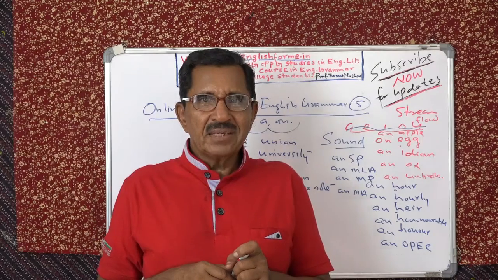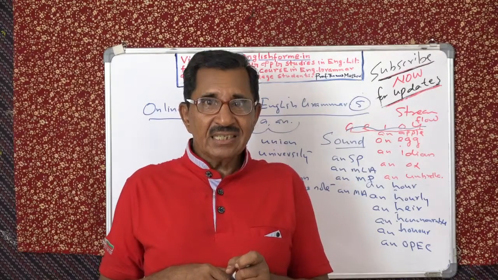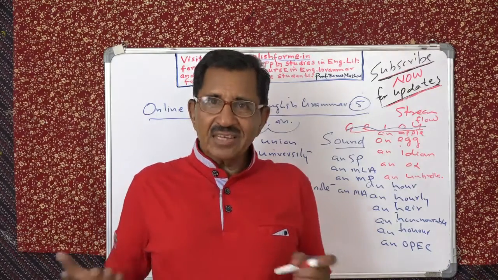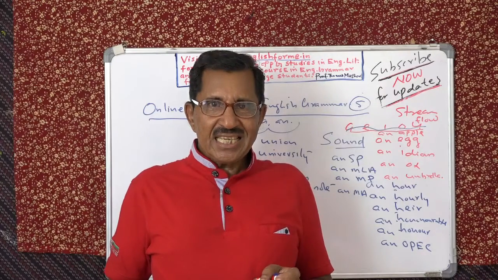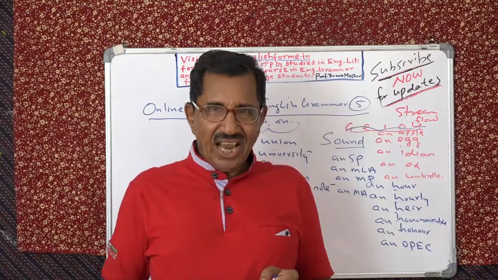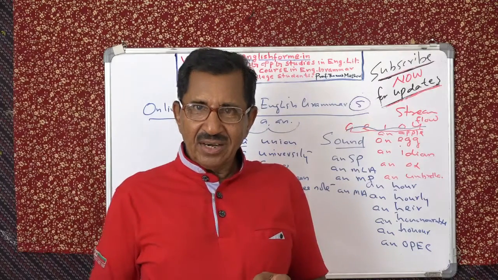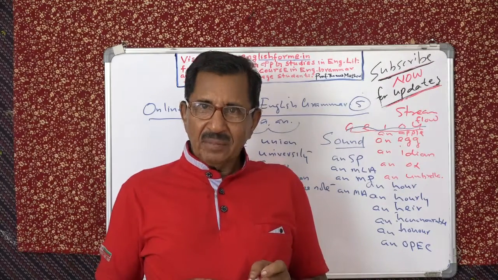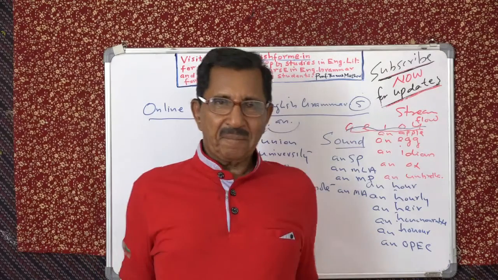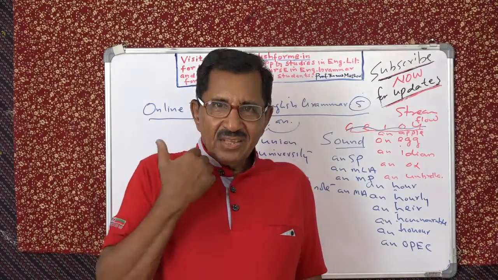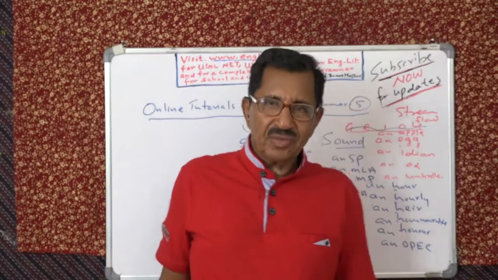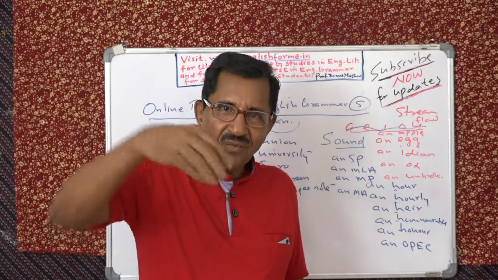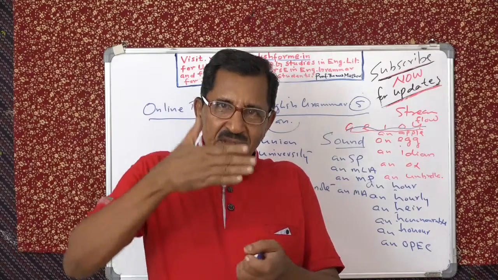P, B, T, D, K, G, F, V. If you want to pronounce it in the letter way, then we say B, C, D, F, G, H, I, J, K, L, M, N, P, Q, R, S, T, W, X, Y, Z. So, when you have a vowel sound, the sound is a free flow of air. Consonant sound means there will be some blocking.